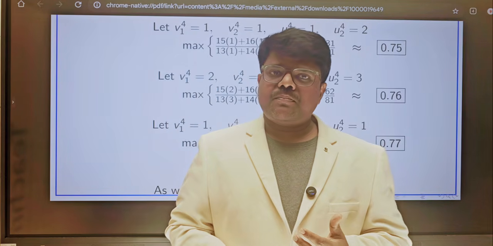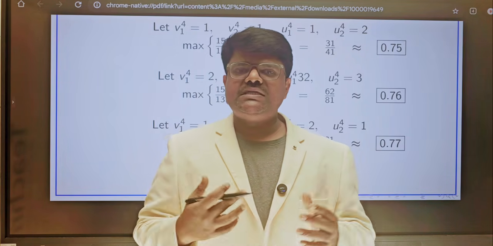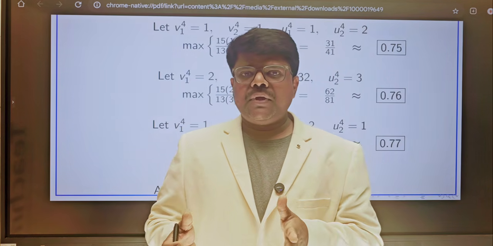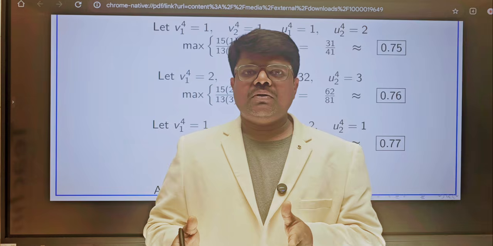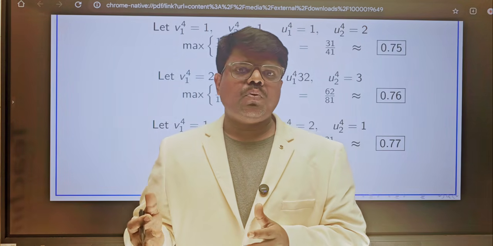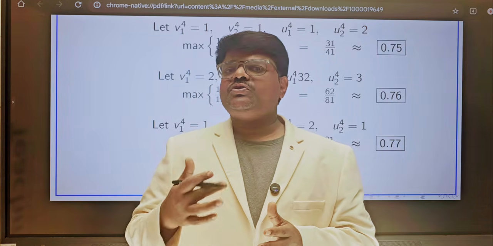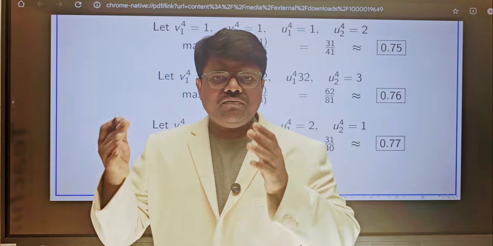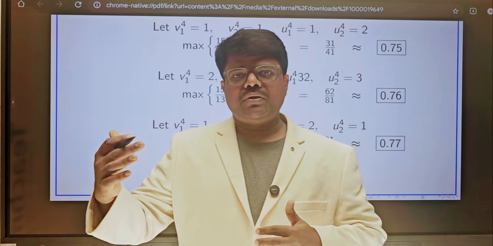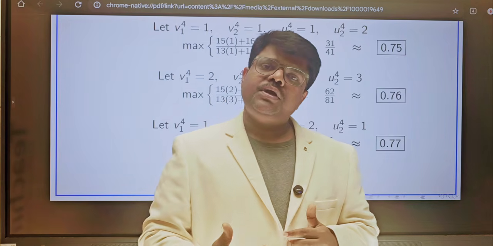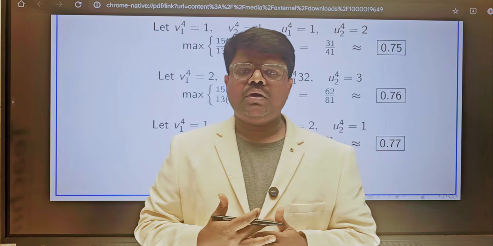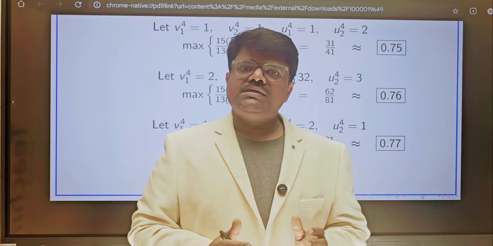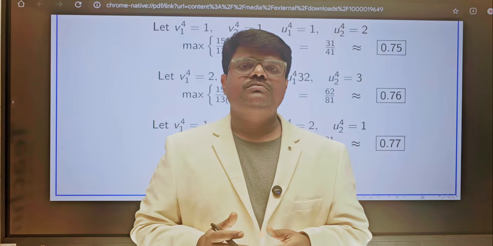But coming to the CCR model, what the CCR model will tell is that while evaluating the efficiency of DMU1, we cannot calculate it individually. We will take the constraints of DMU1, DMU2, DMU3, DMU4. Similarly for DMU2, DMU3, DMU4.